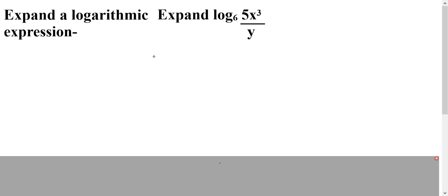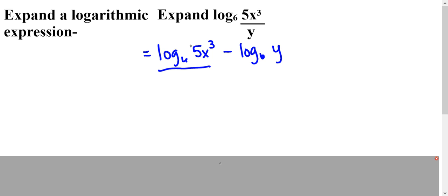So dividing is divide and subtract. So we're going to take log base 6 of 5x cubed minus log base 6 of y. So now we've separated our division. So now if we look at this one, we can separate the 5 from the x cubed because those are multiplied together.